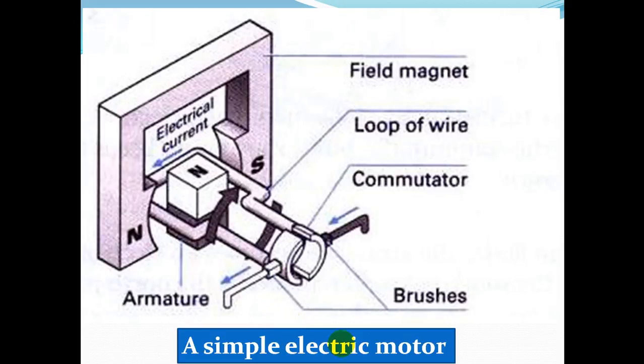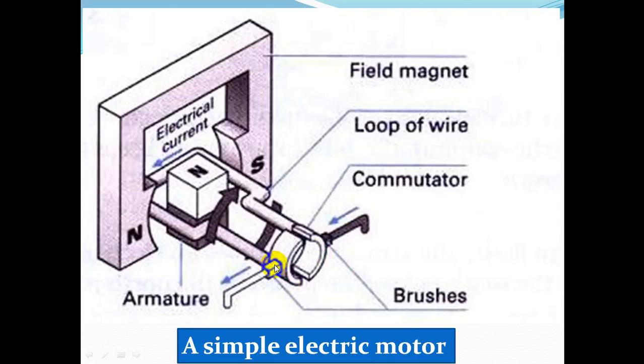There are two gaps here. When the armature turns, first one half of the commutator comes into contact with the brush, and then the other, so the direction of the current keeps being reversed.